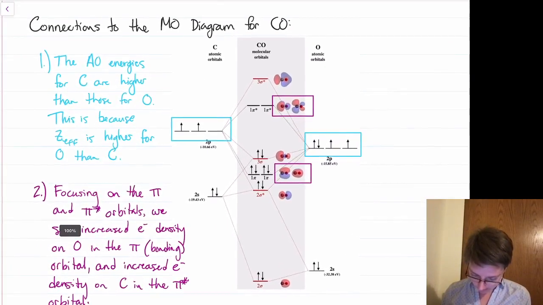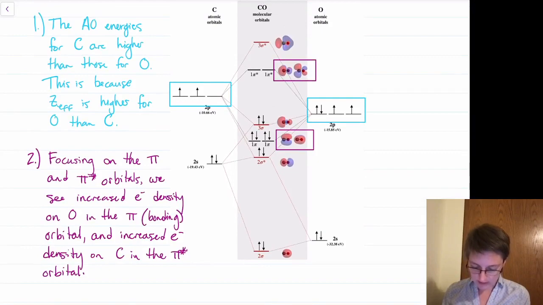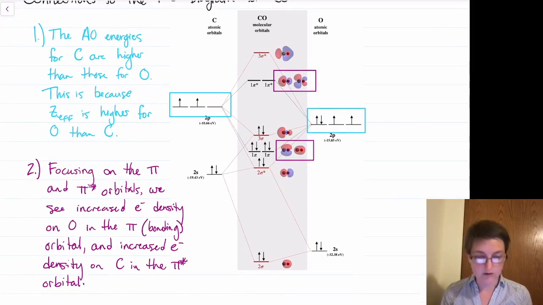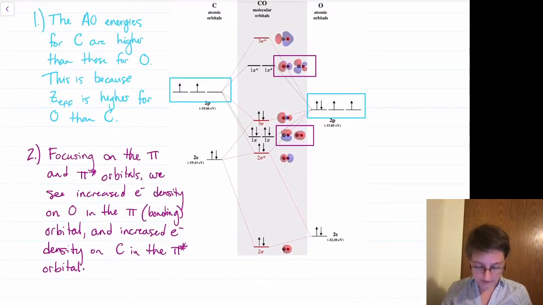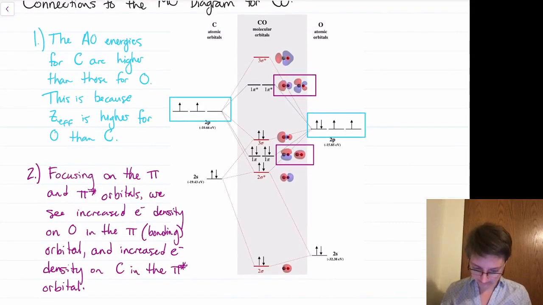Focusing on our pi and our pi star orbitals, notice that there is increased electron density in the pi bonding orbital on the oxygen, and also notice that there is increased electron density on the carbon in the pi star orbital. That is a direct result of how our wave function character becomes non-symmetric when our atomic orbital energies differ from one another.